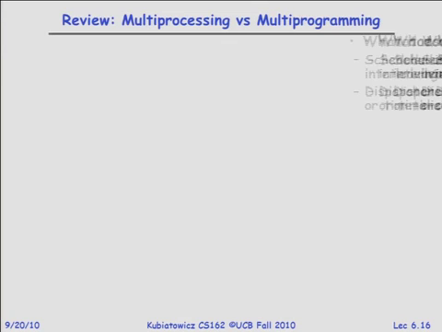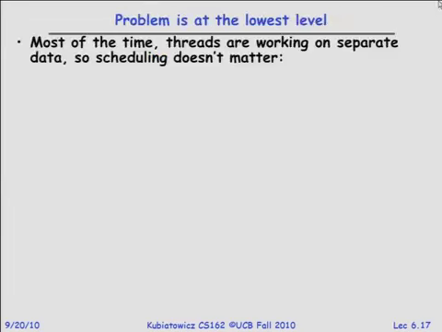The other thing to remember is, of course, hyperthreading also gives us this example, even though there's only one CPU. So the problem is really at the lowest level here. Most of the time, threads are working on separate data, so the scheduling doesn't matter. For instance, suppose that thread A says x equals 1 and thread B says y equals 1.